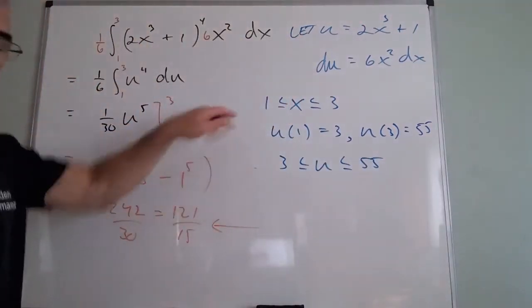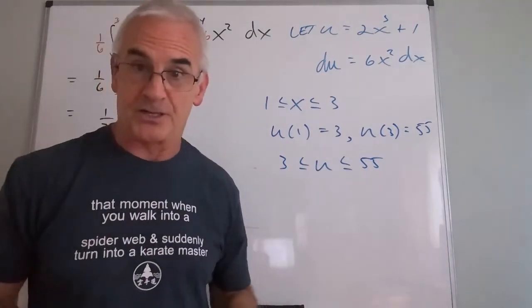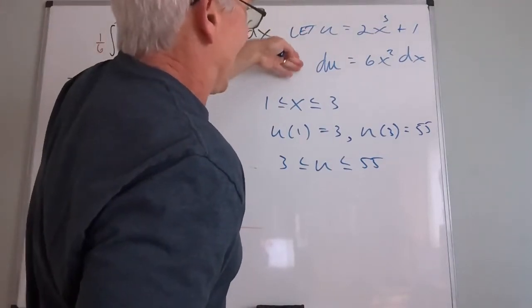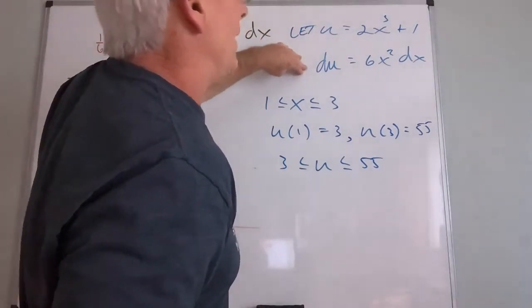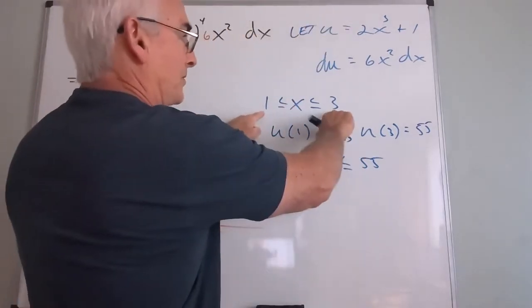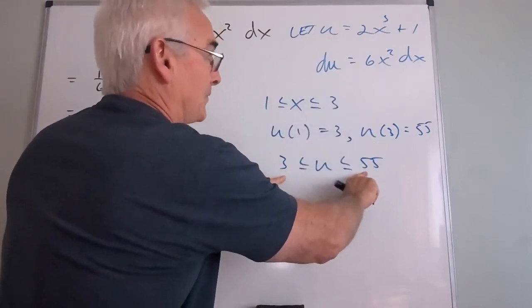Okay, I'm doing scratch work off to the side. My preference of representation here is when I make this statement and then I make this statement, at this point in the problem, I will now change the limits of integration because the x limits from 1 to 3, I need to change into the u limits, which will now be from 3 to 55.